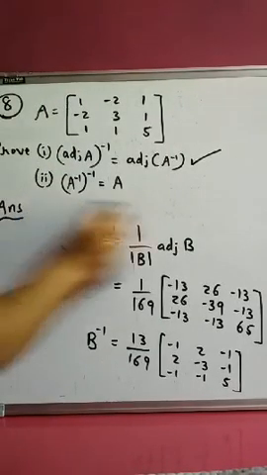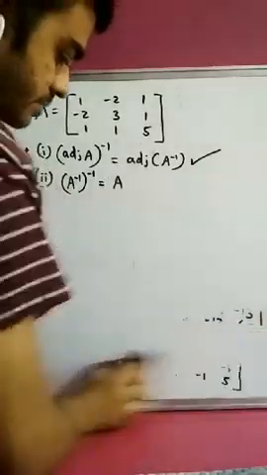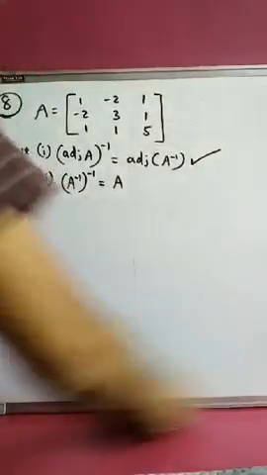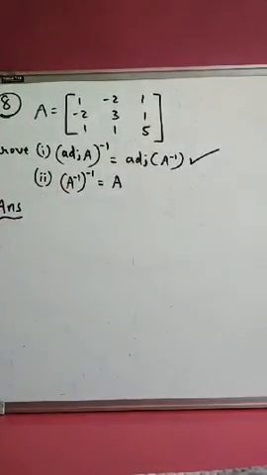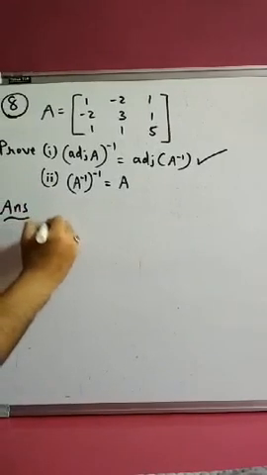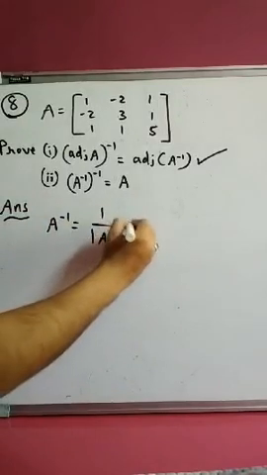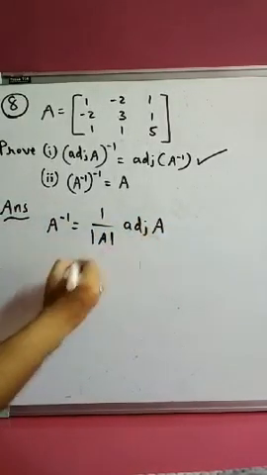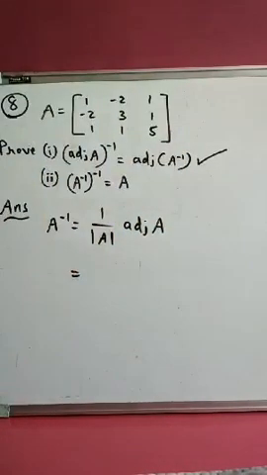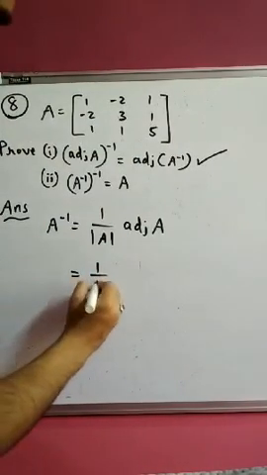Now to find A inverse, we have the formula 1 by determinant A into adjoint of A. This A is given. If you find determinant A, you will get the answer minus 13.